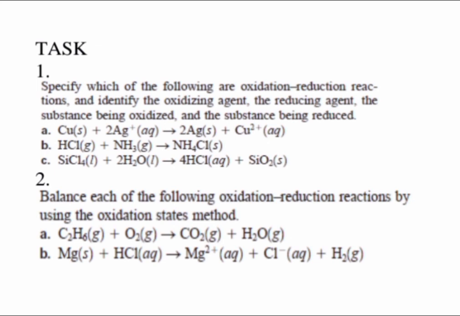Okay? We have those 3 reactions there. You need to tell which one has been oxidized, which one has been reduced, which one is the oxidizing agent, and which one is the reducing agent. Pause the video, do it on your own. You also do question 2, the same thing.